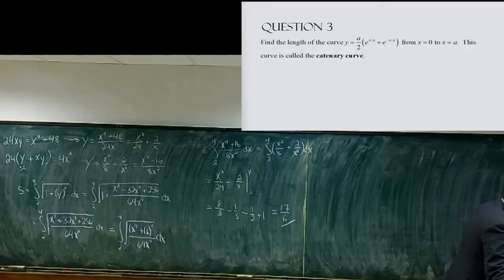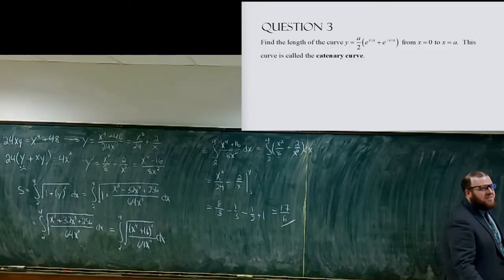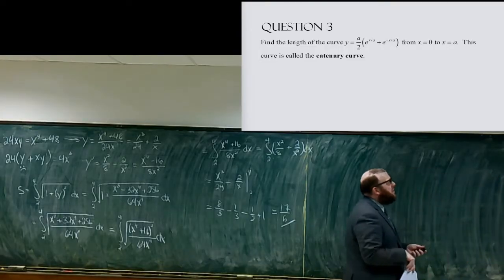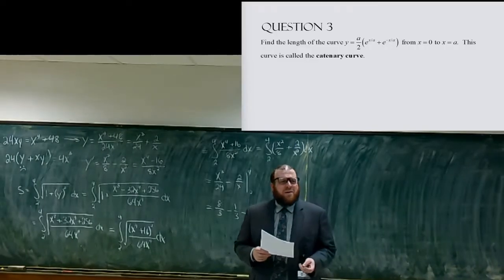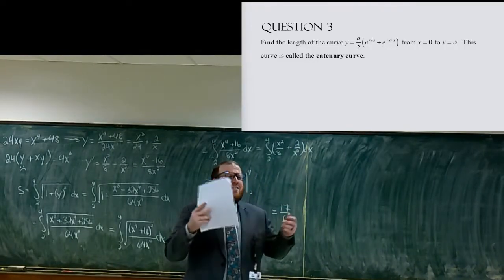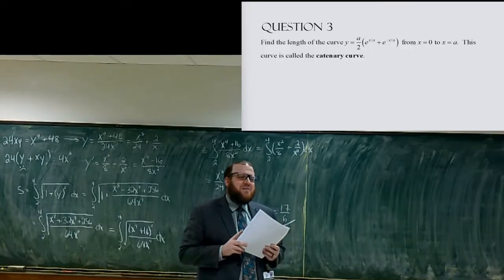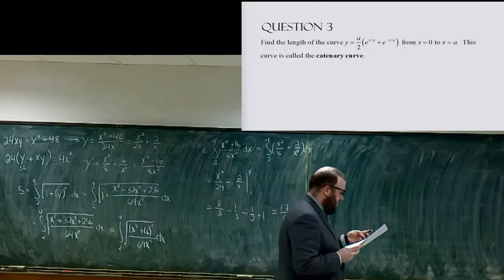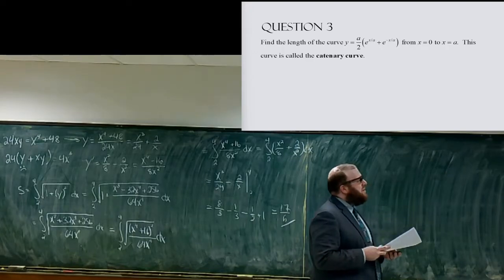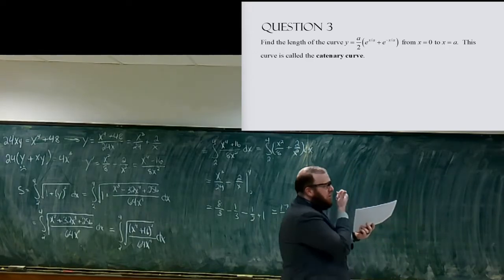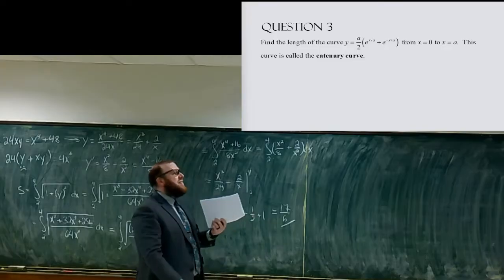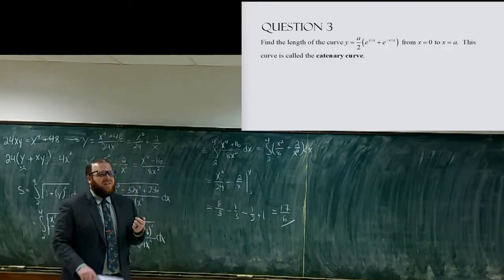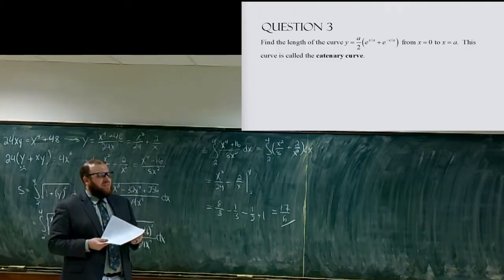The catenary, I think it's pronounced. Is that a quiz question? Might have been. I think you might have had to deal with the catenary curve. Not length, though. So find the length. Y equals a over 2 times e to the x over a plus e to the minus x over a from 0 to a.